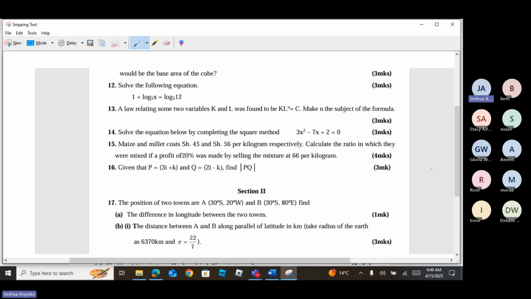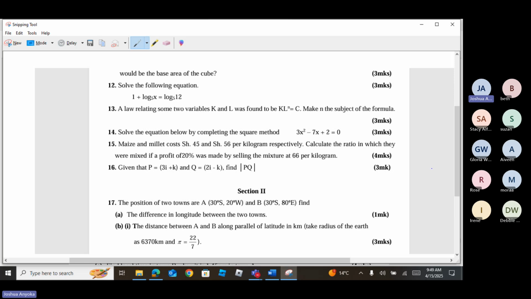So we have said that we need to see the cost per unit, and sometimes it can be communicated differently, but this is exactly what we want to see: the total cost over total number of units. So we have maize and millet, 45, 56.